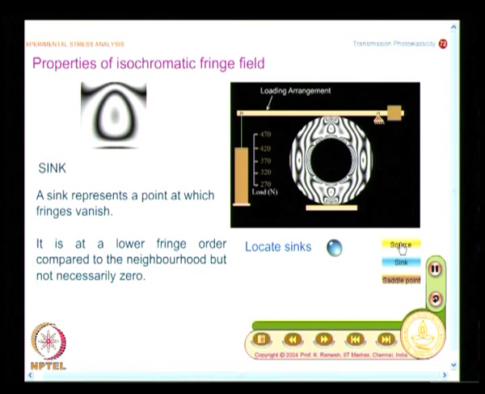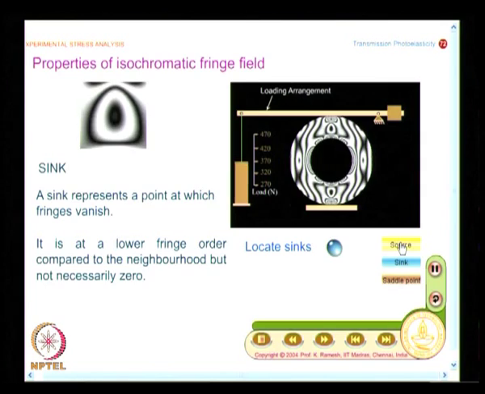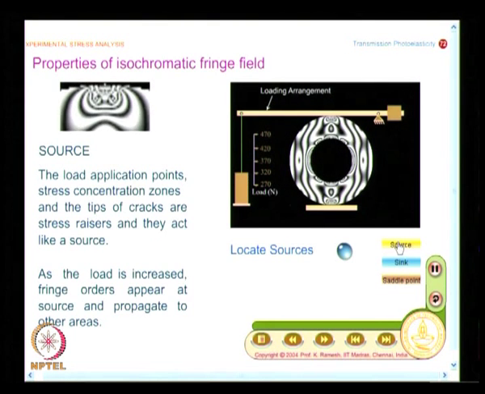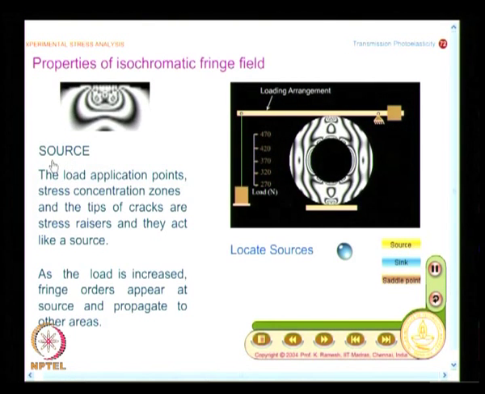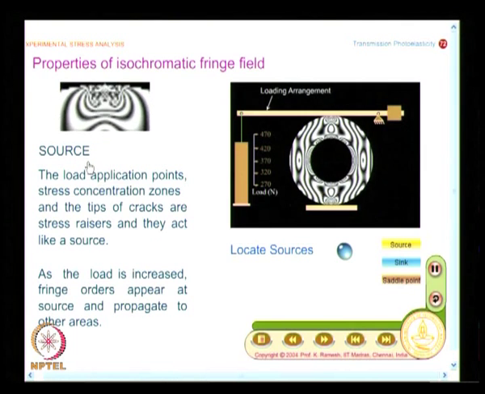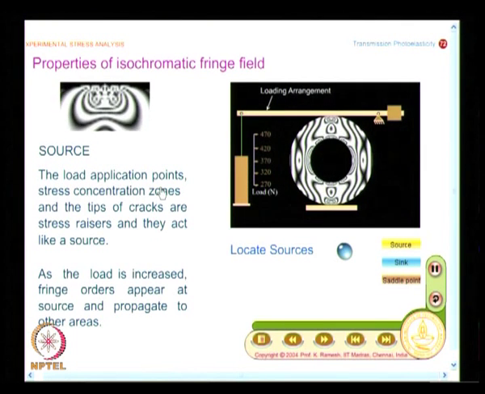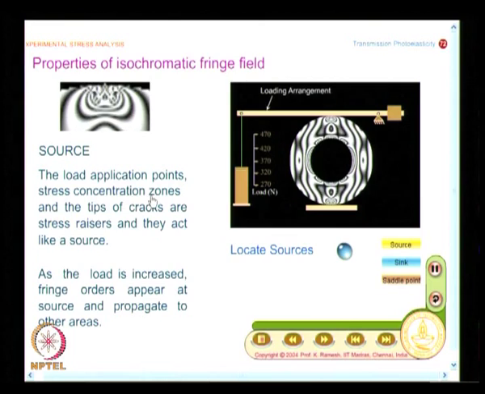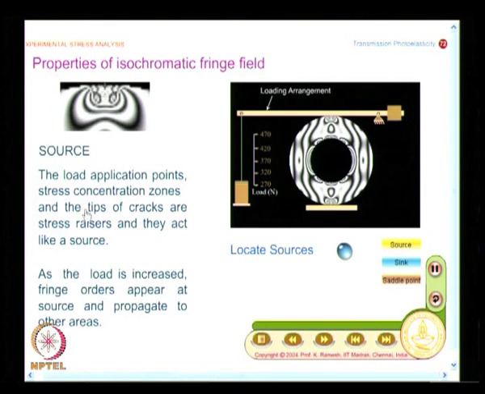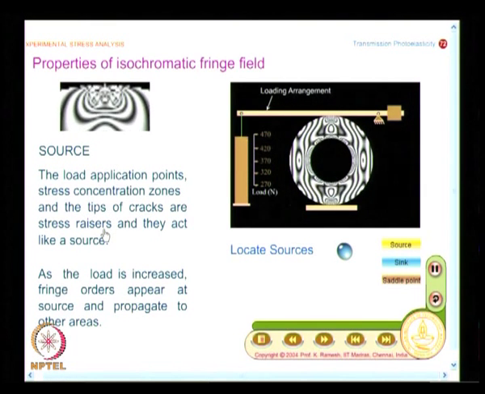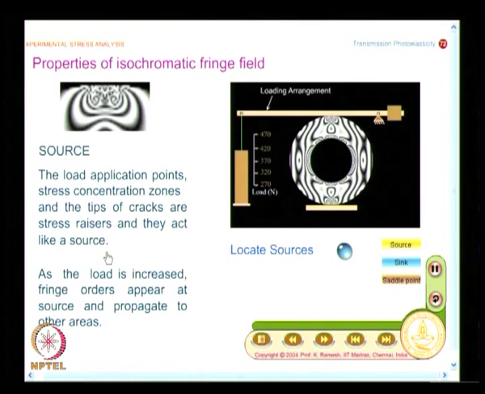And we have also looked at what a source is. By definition, the load application points, the stress concentration zones, and the tips of cracks or stress risers act like a source.